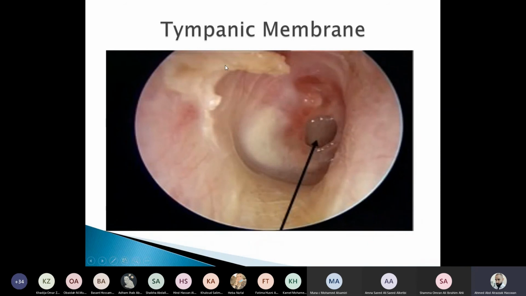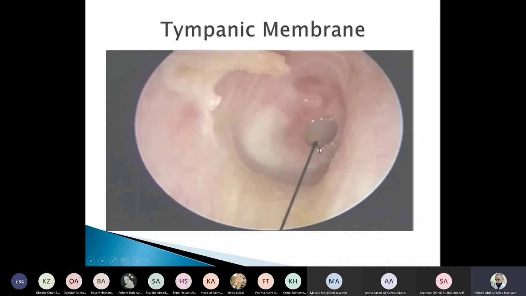It could be wax, or it could be another type of plug, like maybe pus. But usually if it's pus, it doesn't get solid. It usually pours and gets like a discharge from the perforation, and usually it's at the floor of the auditory meatus. So most likely, I agree with Abdurrahman. Sorry, this is wax, most likely.